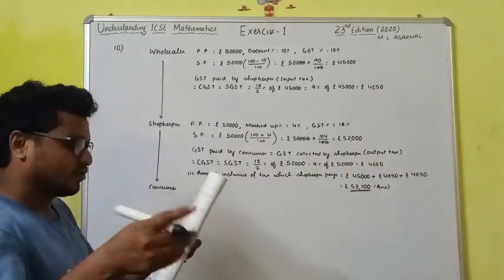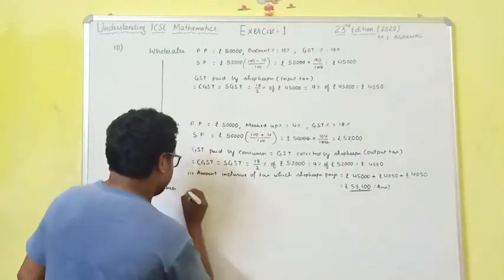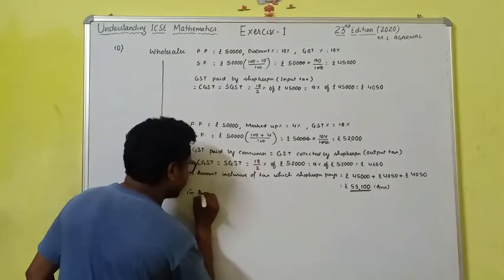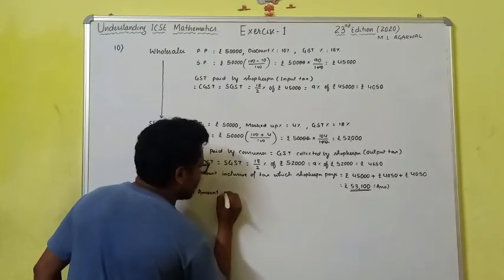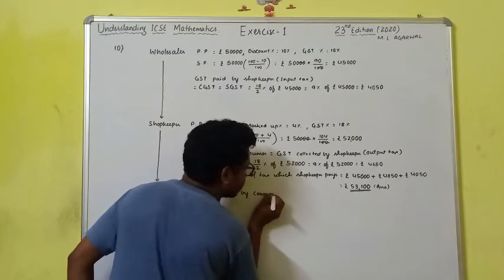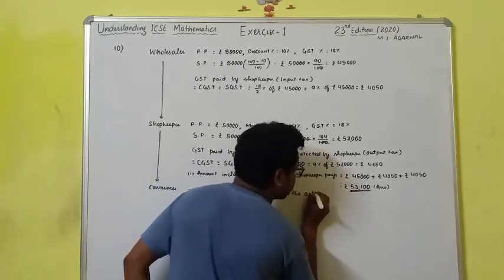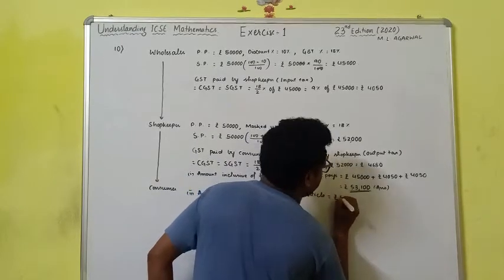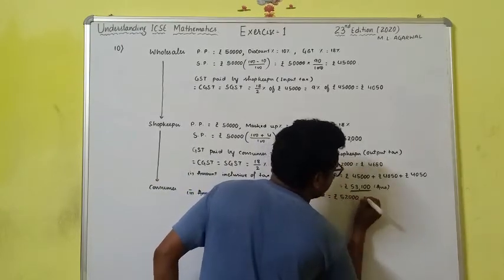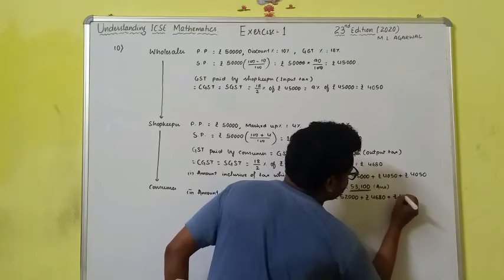The next is the amount paid by the consumer for the article. Amount paid by consumer for the article is equal to rupees 52,000 plus 4680 plus 4680.